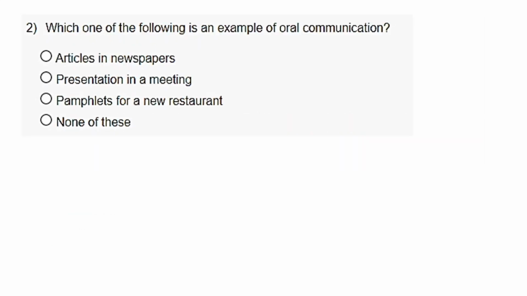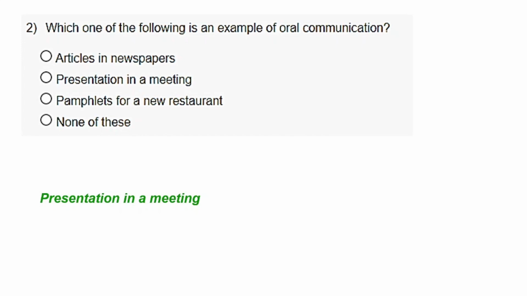Which one of the following is an example of oral communication? Anyone? Presentation in the meeting. Yeah. This is also very basic. Oral means when you're speaking, communicating with your voice. Articles in newspapers, obviously you need to read them. I believe you won't read them out in public.